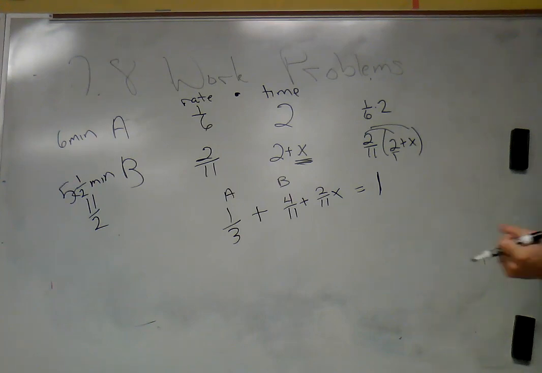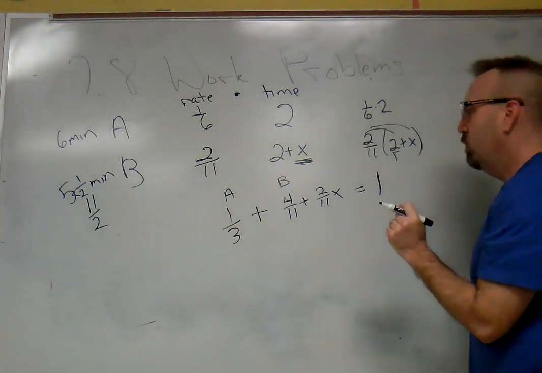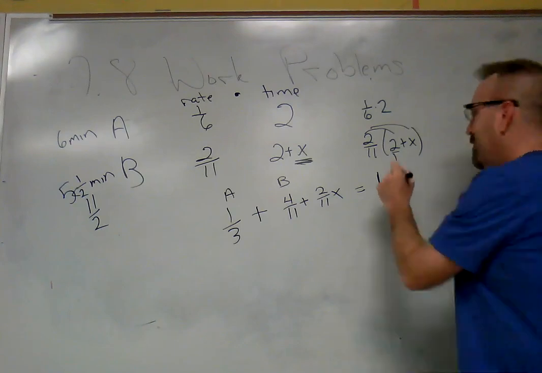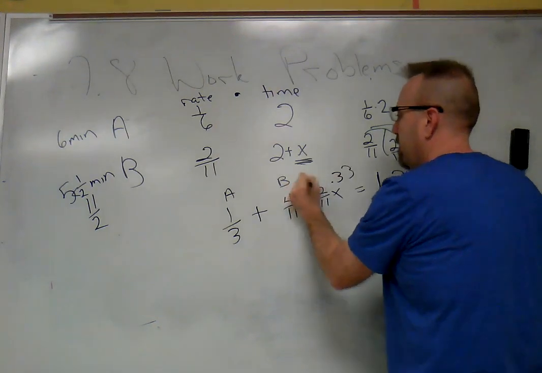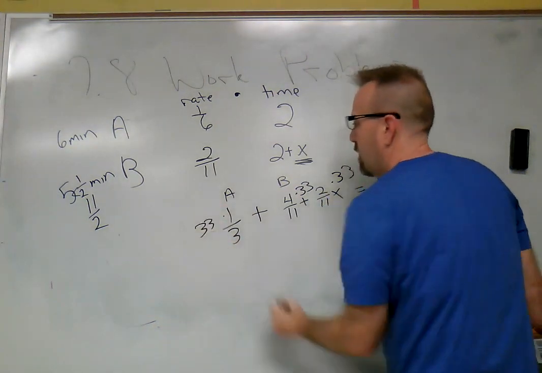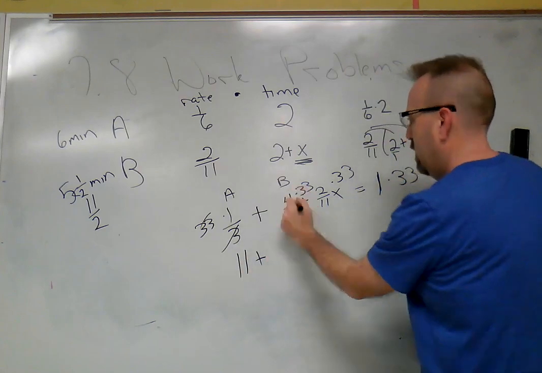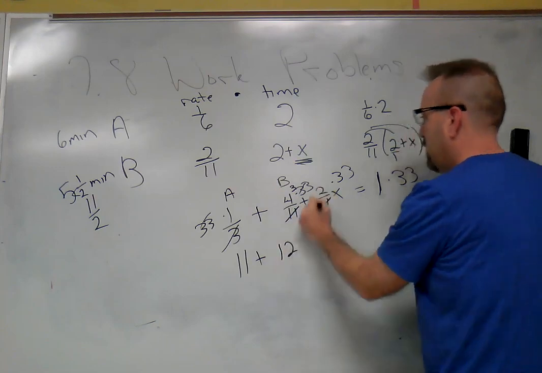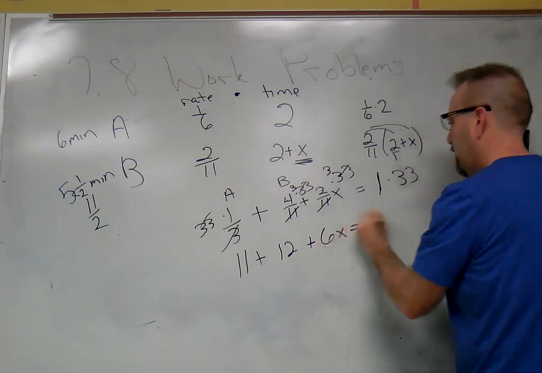Or we could get rid of the fractions by finding the common denominator, which will be 3 times 11, 33. So we multiply every part by 33. 3 goes into 33 eleven times, and 11 goes in 3 times. 3 times 4 is 12. 11 goes in 3 times, and 3 times 2 is 6x.